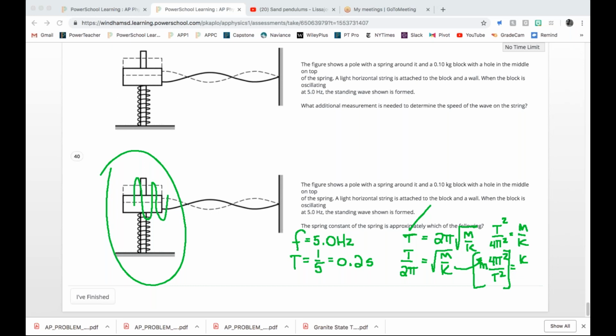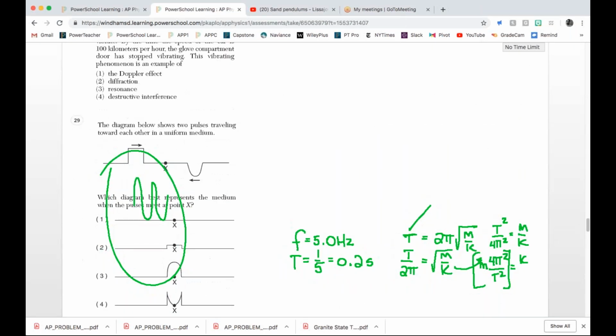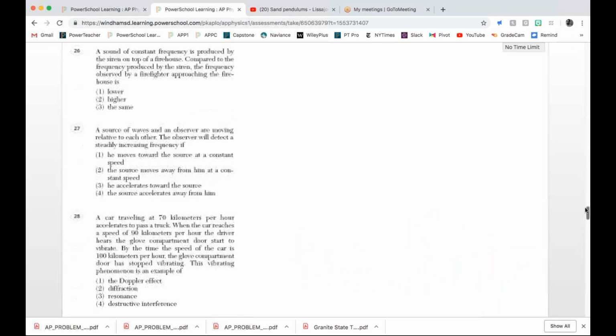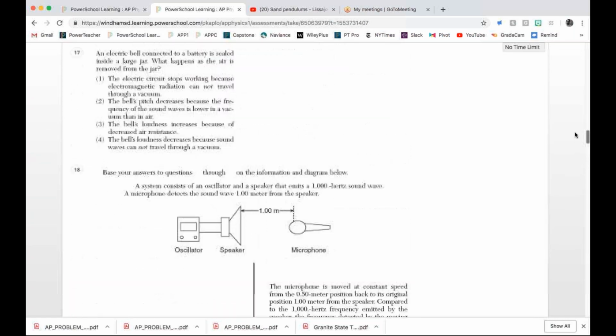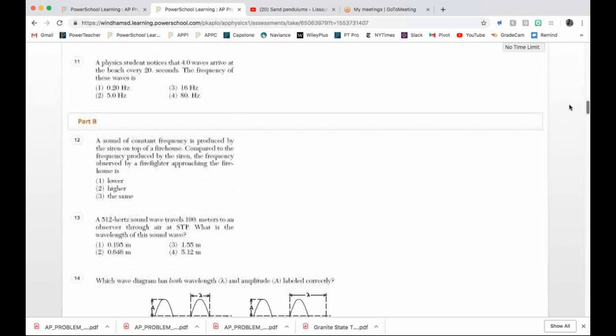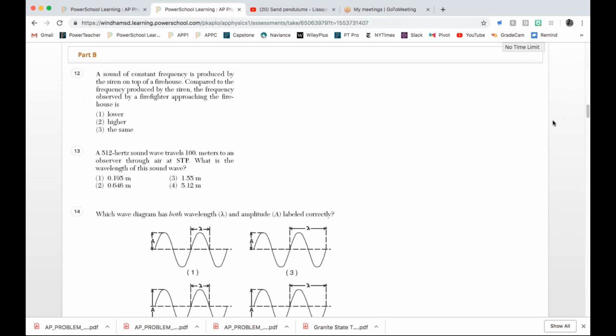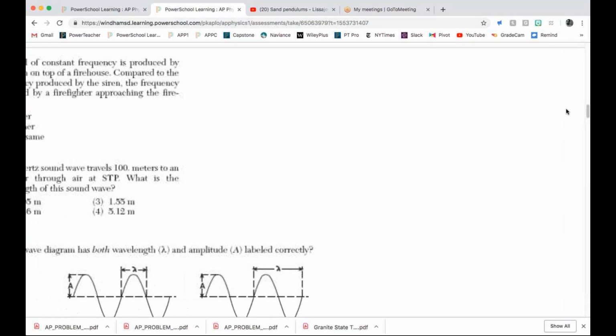Ryan asked one in part B that starts with a 512 hertz sound wave. So let's go up here to part B. I think it's question number 13 for me. And so we can see that it's here.